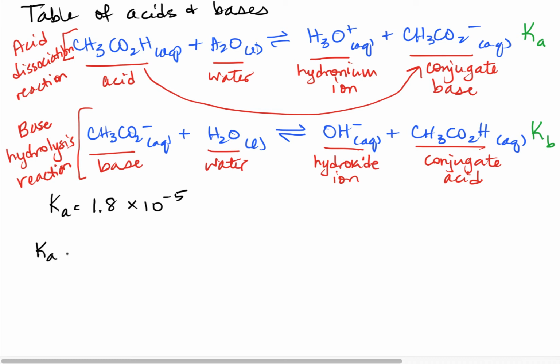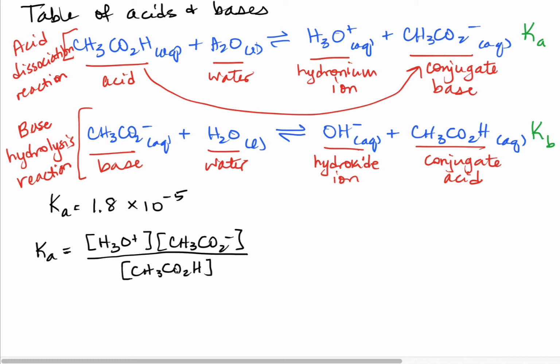Let's also look at their equilibrium constant expressions. If we write the equilibrium constant expression for that first reaction, we know that it looks like this. And for the second reaction, it looks very similar.